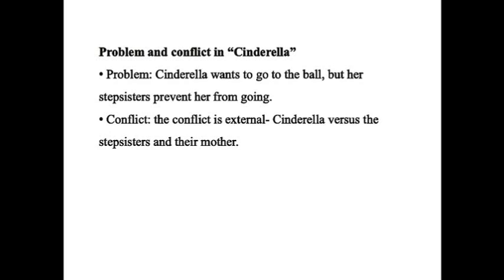That is why they prevent her from going there. The second conflict is external, because Cinderella faces problems with her stepmother and her stepsisters. They prevent her from going to the ball. So going to the ball, that is why it is an external conflict.